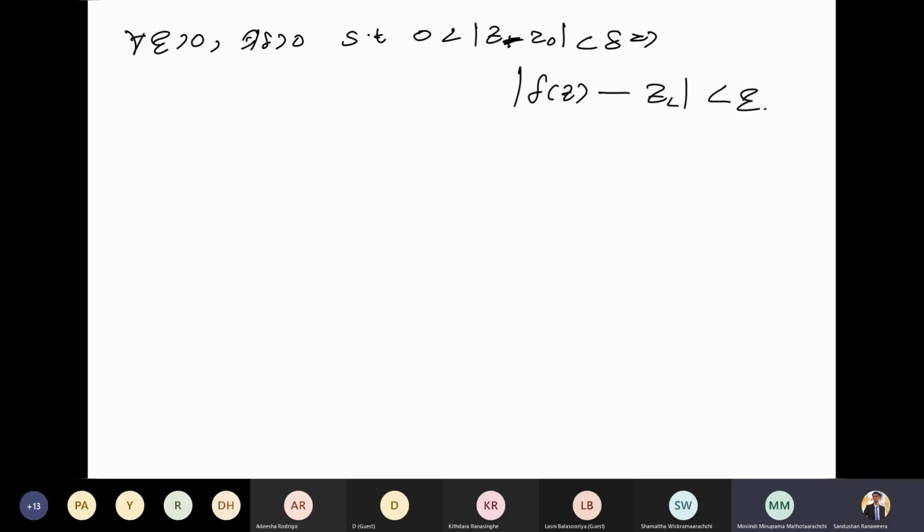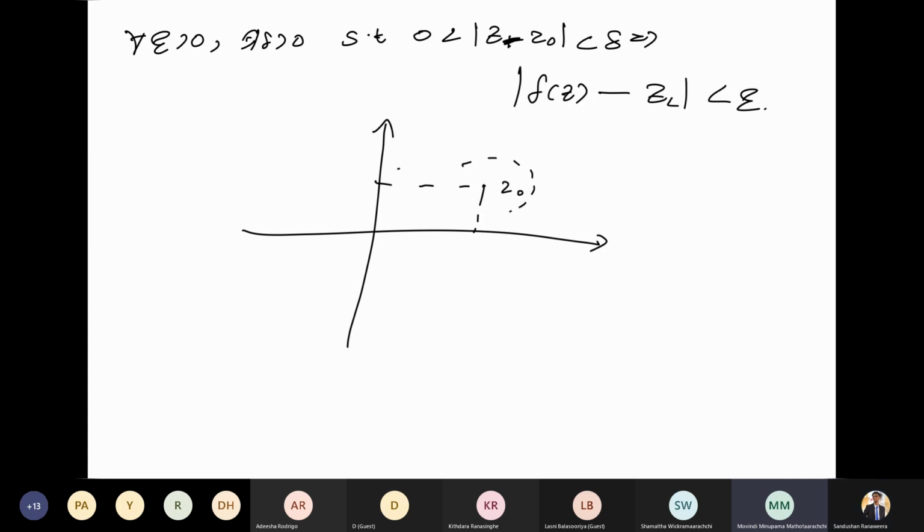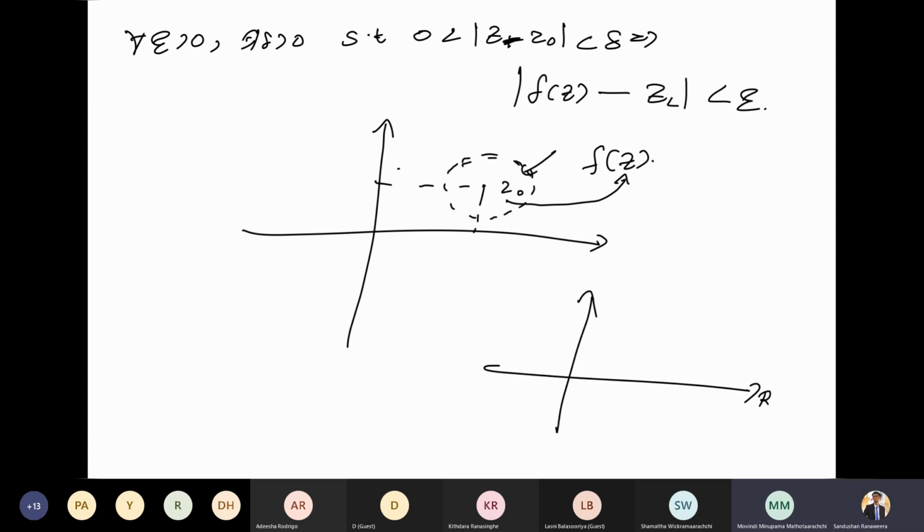This means that, let's say this is my z0 point, I can find some neighborhood around this z0 point such that if I put any value from this neighborhood into my function, it will give function values in a way that, if I draw another complex plane with real and imaginary axes and this is my L, your function value will reside only in this circle, a neighborhood around L.